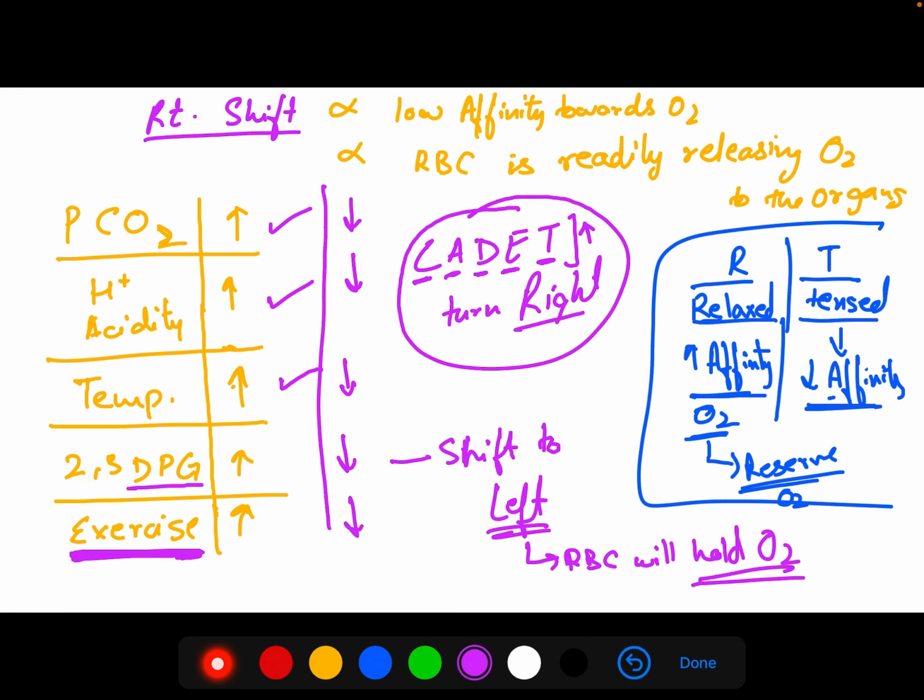So these are the factors that will come in your questions or in your college exams.